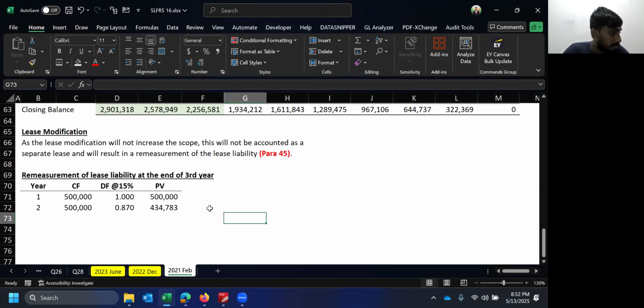So can't we assume this 500,000 already paid? Not actually. Why? I am doing this at the end of third year. The payment will have to be made on the first day of the 4th year. Are you clear? And even if we think this remeasurement of the lease liability is done at the beginning of the 4th year, we are assuming that no payment has been made.